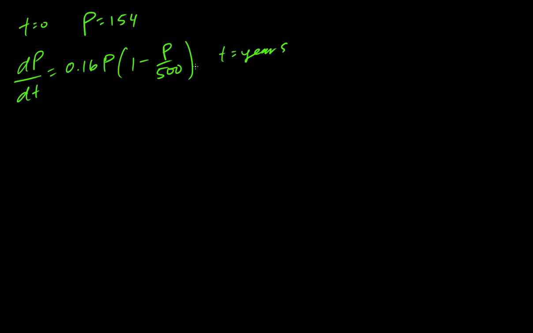So what we need to do is get all of the terms that have p in it onto the left with dp dt, and then we can use our differential equation methods that we've learned in previous videos to finish it. I'm going to write this as 500 over 500 minus p over 500.